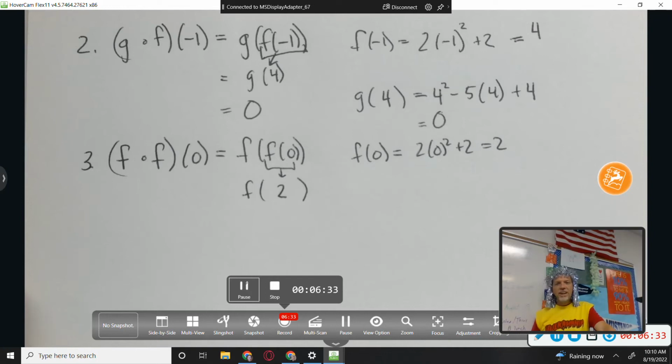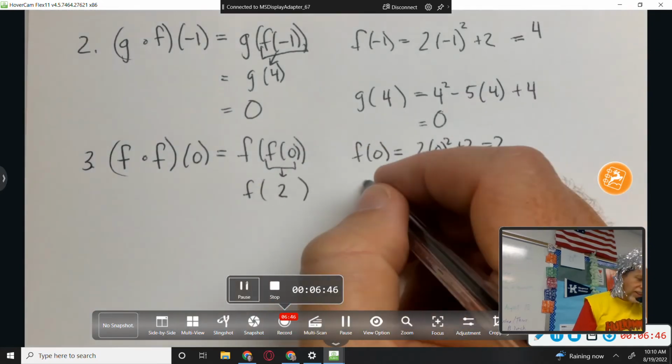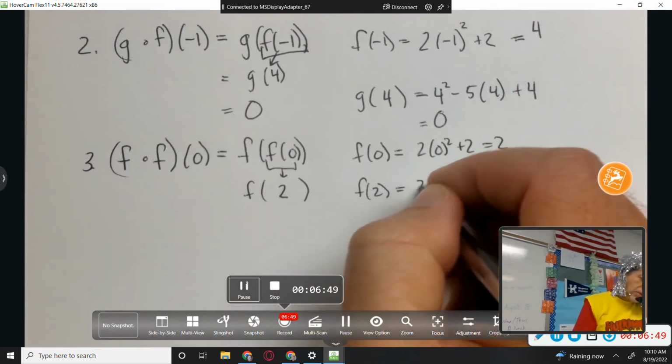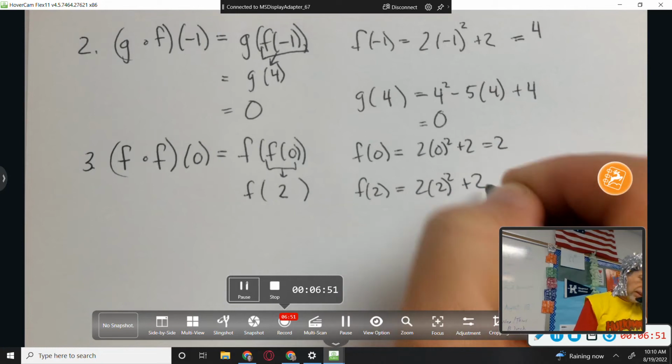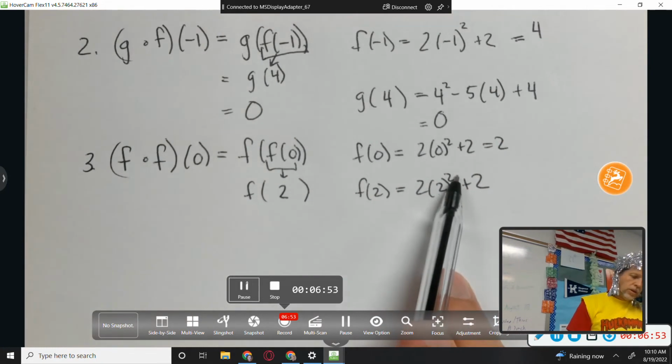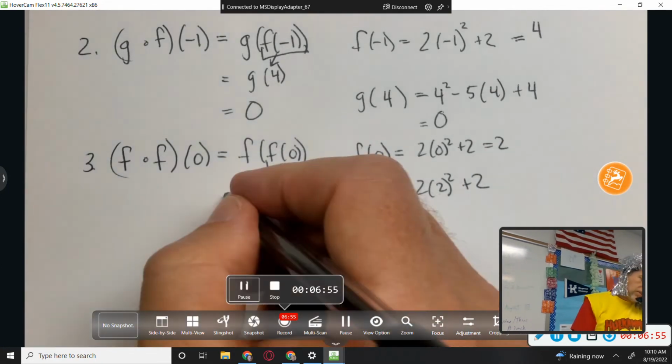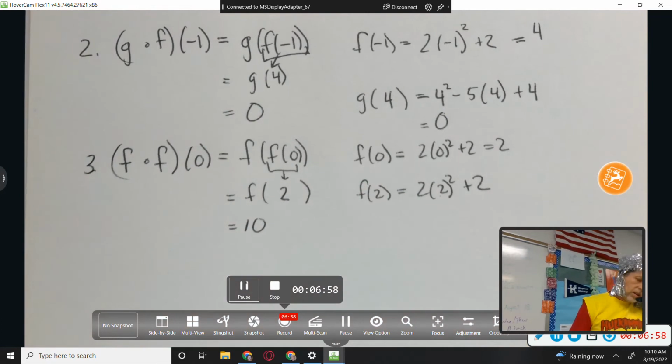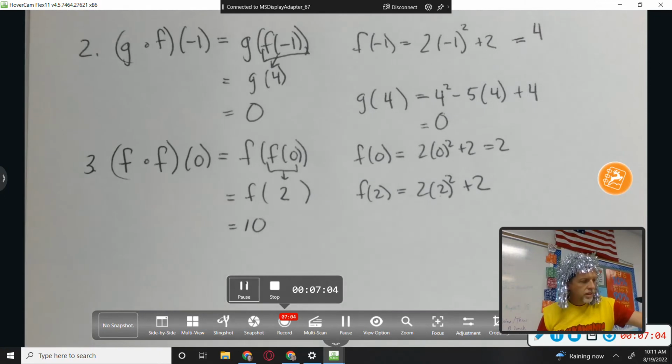What should we find next? f of 2. But just the fact that there's two f's there, sometimes people are so used to it, and I guess it's math teachers' fault, because we almost always do g of f or f of g, that if we put two f's in there, sometimes it messes people up. Let's see, 2 squared is 4, times 2 is 8, plus 2 is 10. Hopefully, not a big deal.